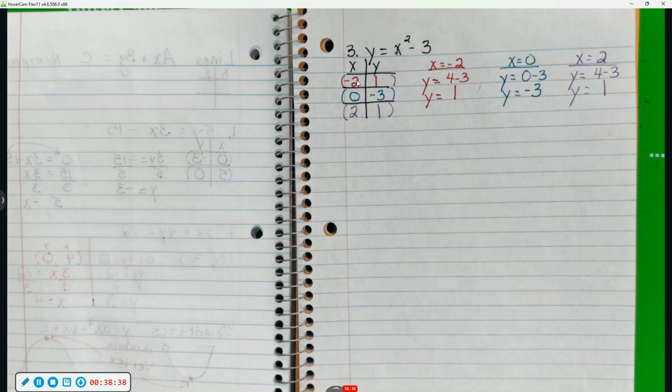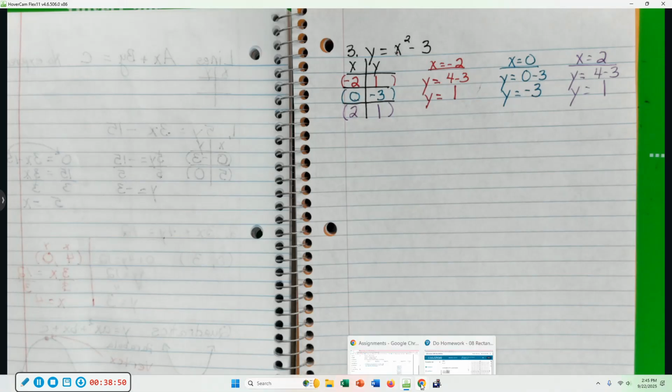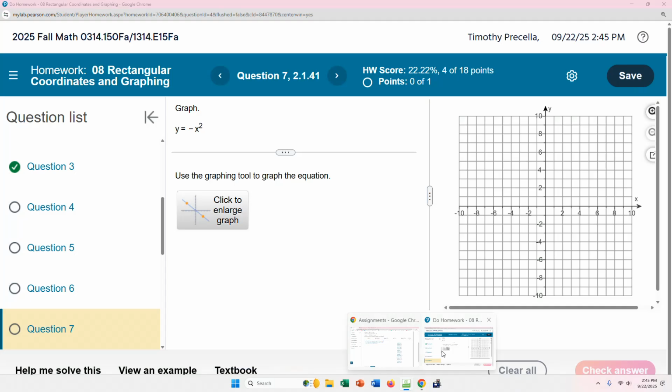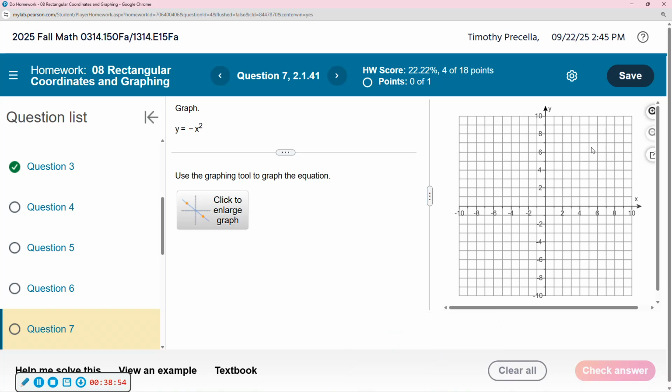So if they don't tell you which ones, you get to choose, but don't choose like 10. Why would you not want to use 10? Well, a 10, when you square it, that's going to give you what? 100? Look at our little graph. Our graph paper here is just -10 to 10. So don't go too large.